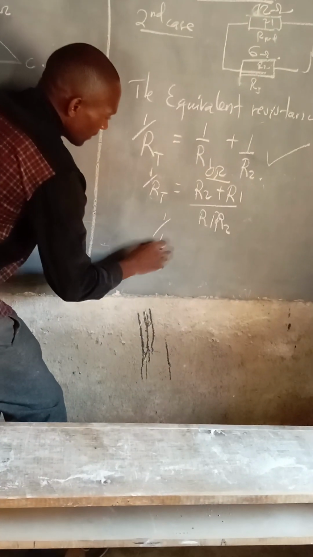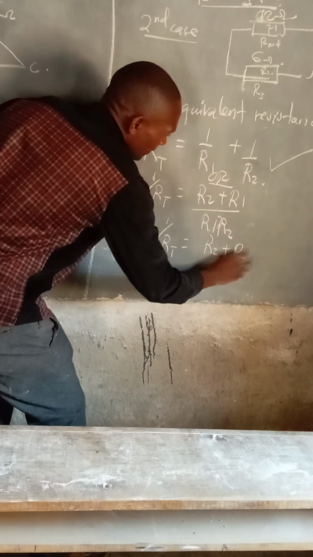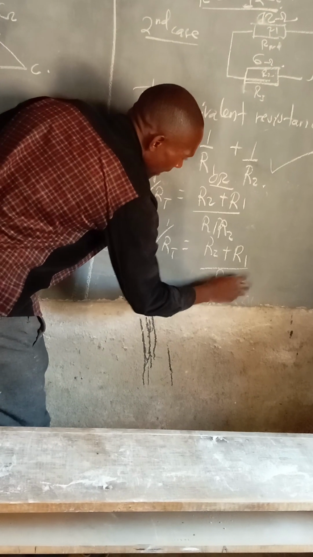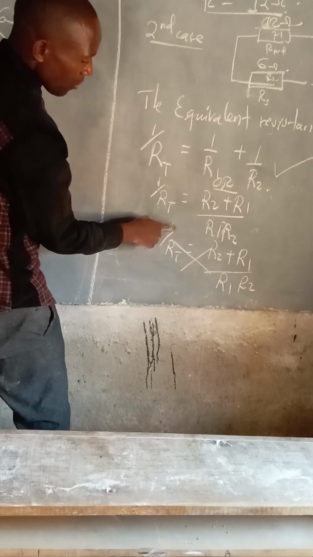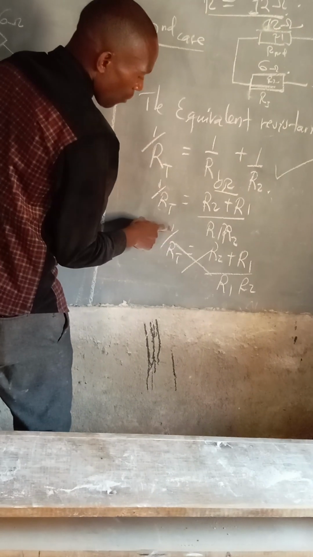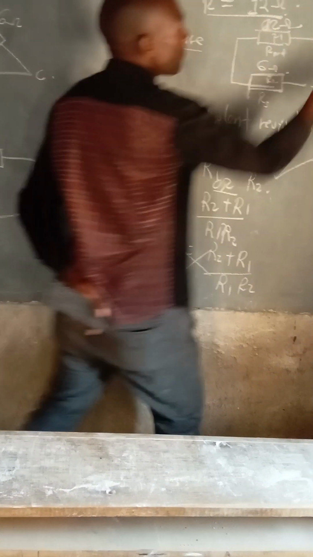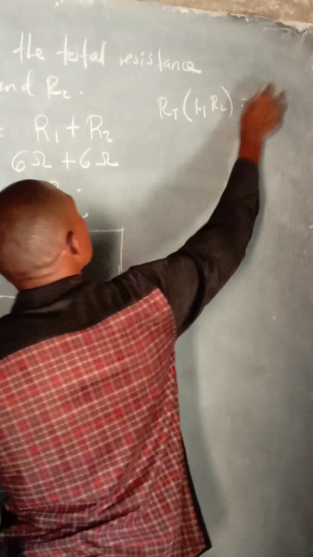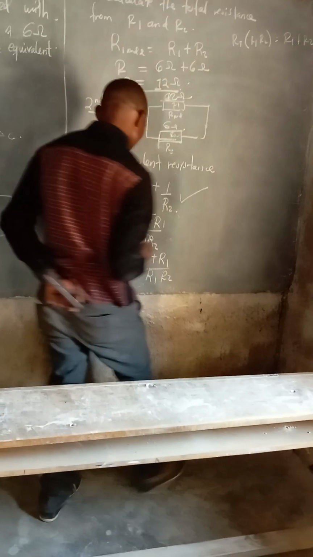So 1 over R total is equal to R2 plus R1 over R1 R2. Cross multiplying, R total times (R1 plus R2) is equal to R1 R2.